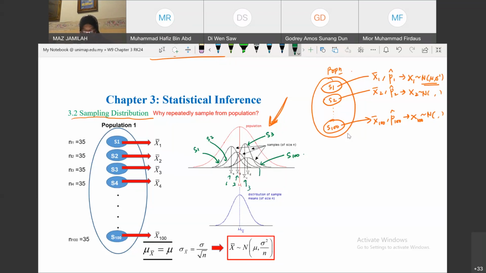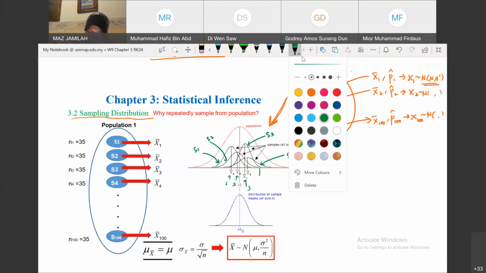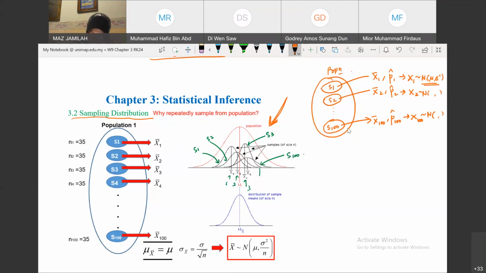Imagine that way. Statisticians have proved that when you resample again and again, your sample means are actually distributed around the population mean. If you imagine, the population mean will be the larger distribution here, so this one is your population mean.